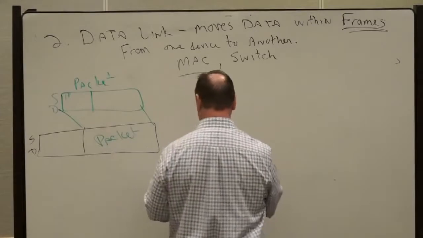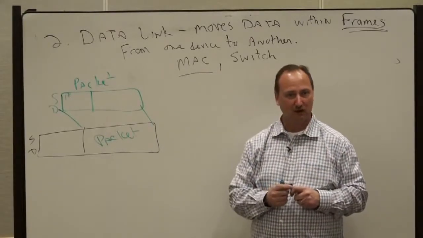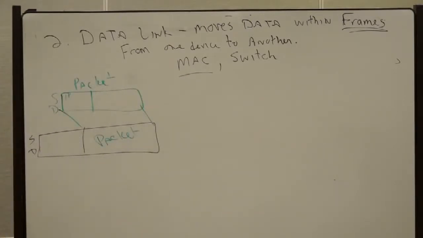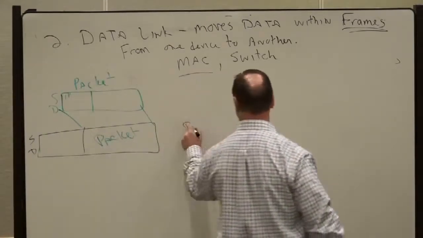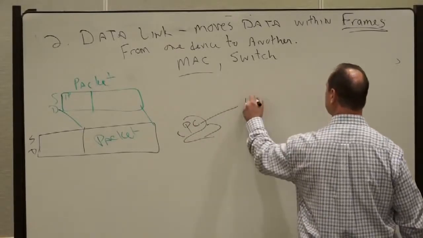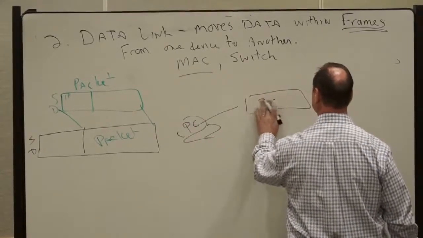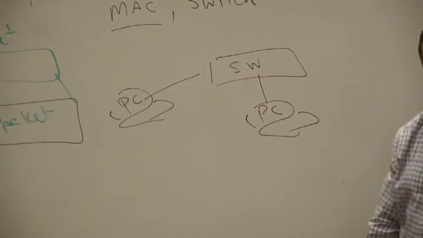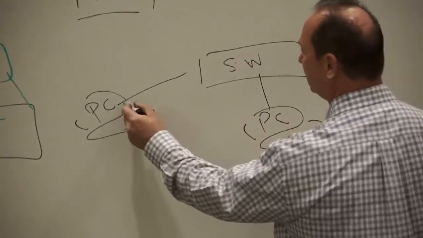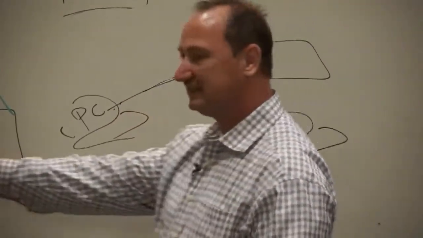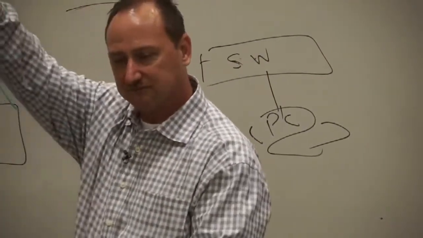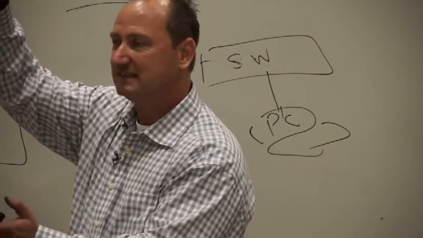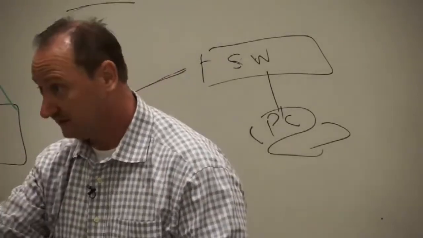This is also the only place in the OSI model where we actually do error detection. Let me show you. So if I have a PC connected up to a switch port, and I'm sending to another PC on the same network, I'll send this information out. The data link layer is the gateway from logical to physical.